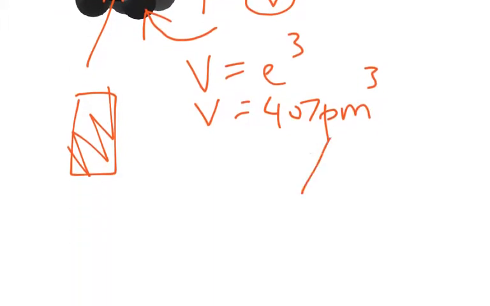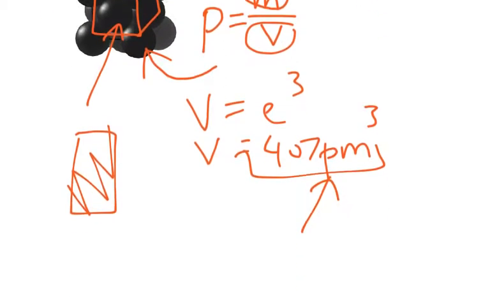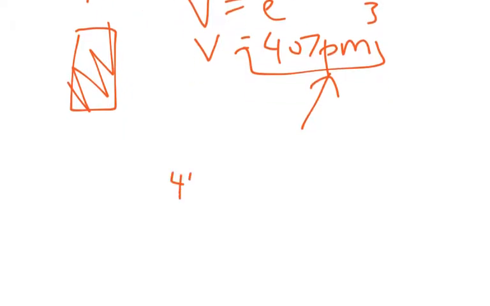Now, I don't like picometers, honestly. We usually see density in grams per cubic centimeter. So how about this? Let's try to figure out how to convert picometers to centimeters. So 407 picometers times, well, let's convert it to meters first.